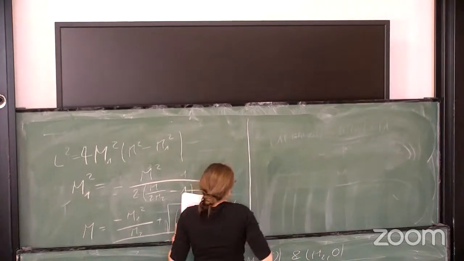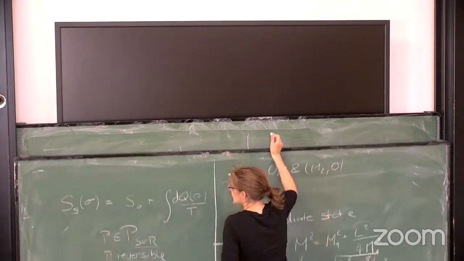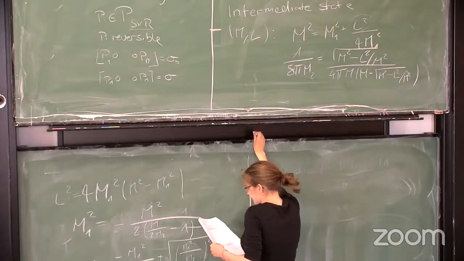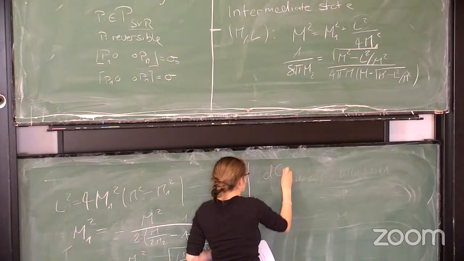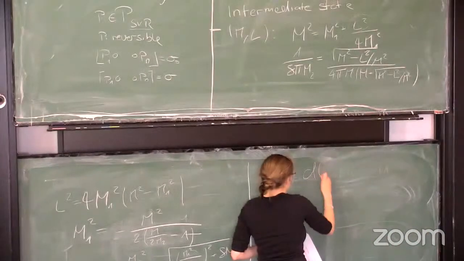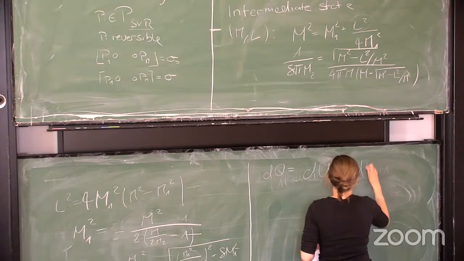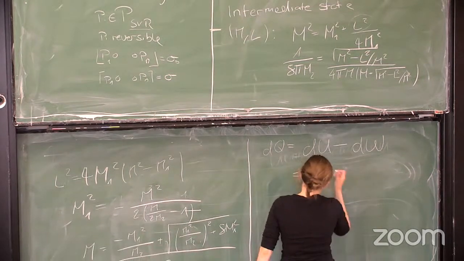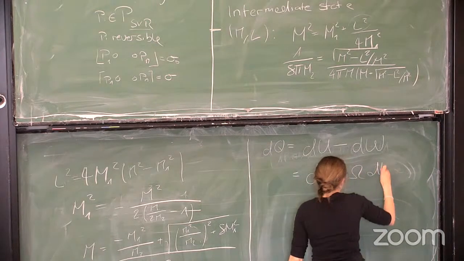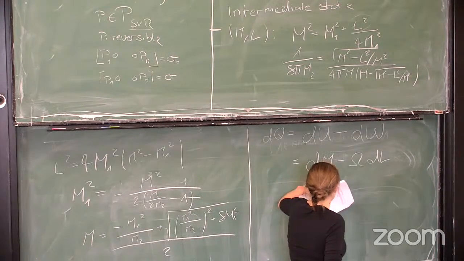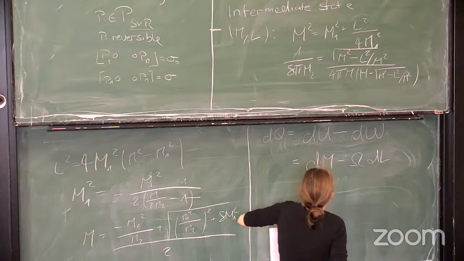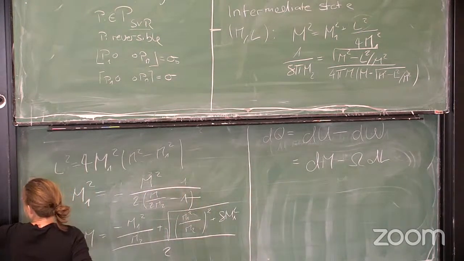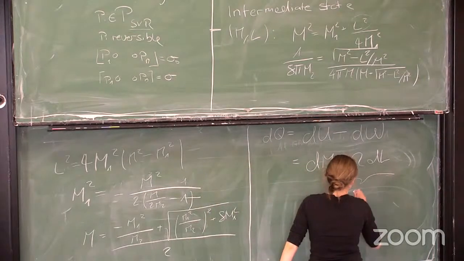The heat flowing into the reservoir is just given by the change in internal energy minus the work, which is, as we saw, this change in mass minus omega L. But it's easier to have both integrands in mass, so we can use how L and M are related on the path to write this as something in dM.